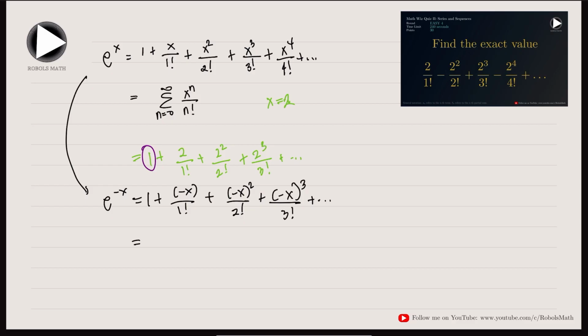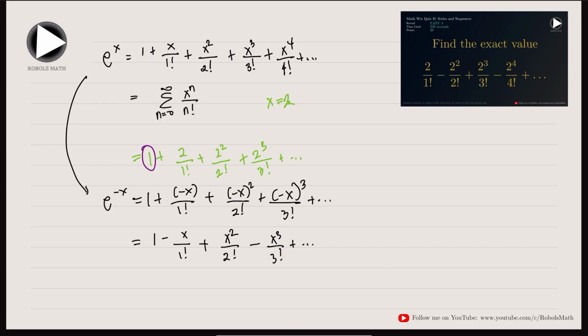Note that if we simplify the powers of negative numbers, every even power results in a positive coefficient, while odd powers result in a negative coefficient. So we have 1 minus x over 1 factorial plus x squared over 2 factorial minus x cubed over 3 factorial and so on.